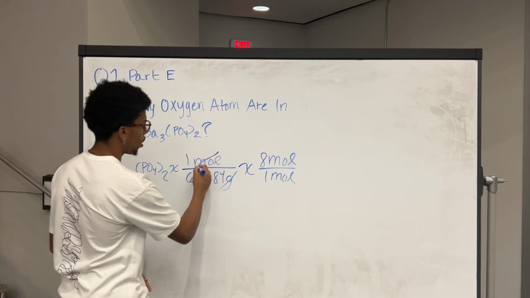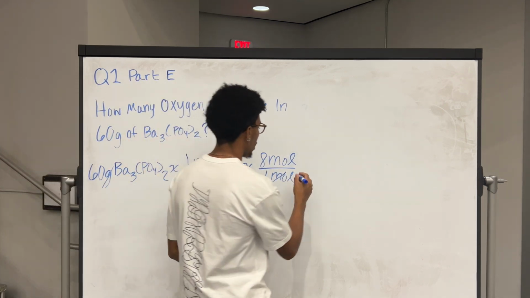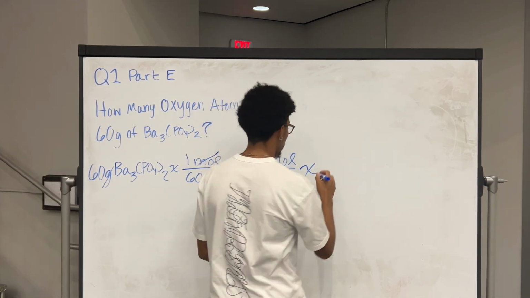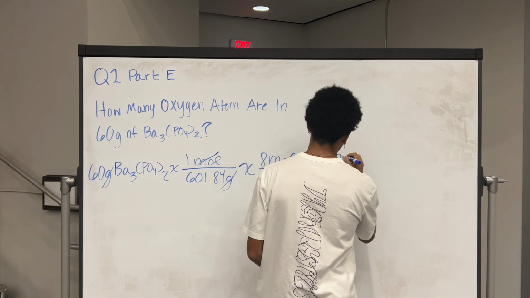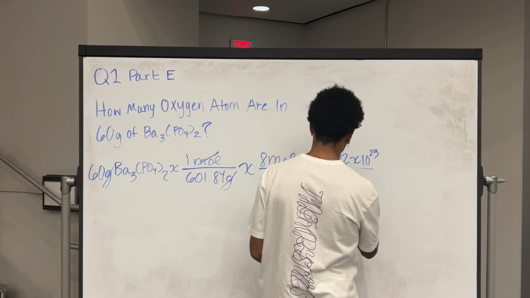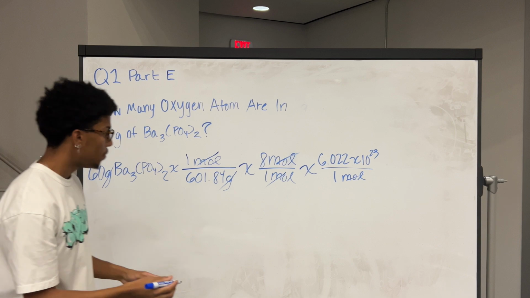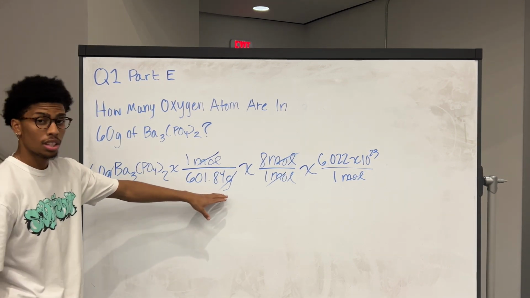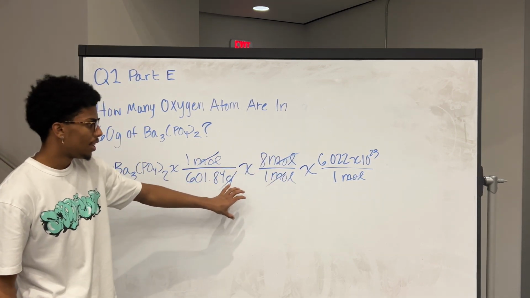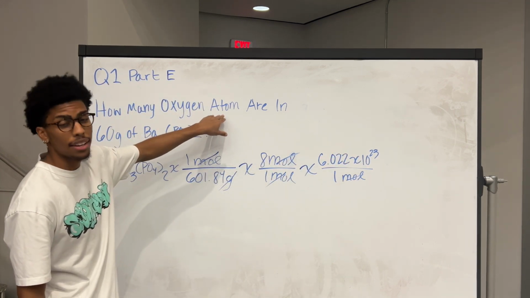Again, we cross out our moles. Our answer is now in moles, but we want to convert that to atoms, so we're going to use Avogadro's number. You're going to multiply that by Avogadro's number. Now you can see what we've canceled out. We've canceled out mass. We've canceled out moles, and we multiply by Avogadro's number, which is going to give us the answer in atoms.